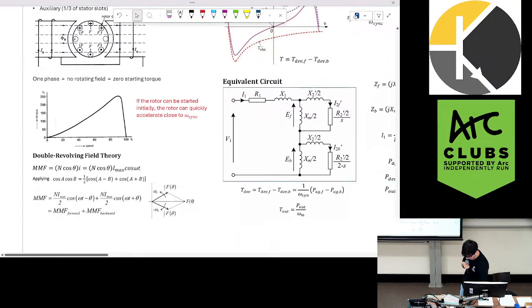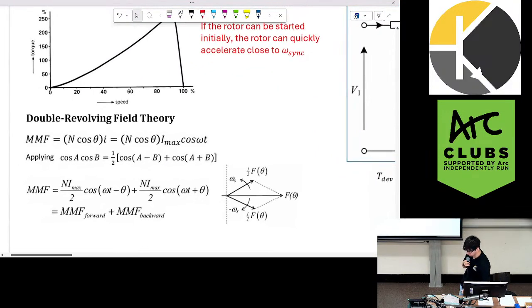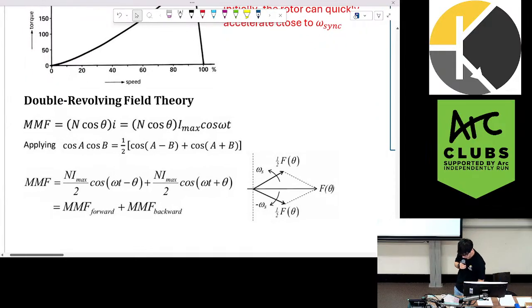So something we use to get this working is the double revolving field theory. And we can equate an oscillating field to a field that's moving in one direction and a field that's moving the other direction. So clockwise and anti-clockwise. So then we would have an MMF that's generated in the forward direction and an MMF that's generated in the backward direction.